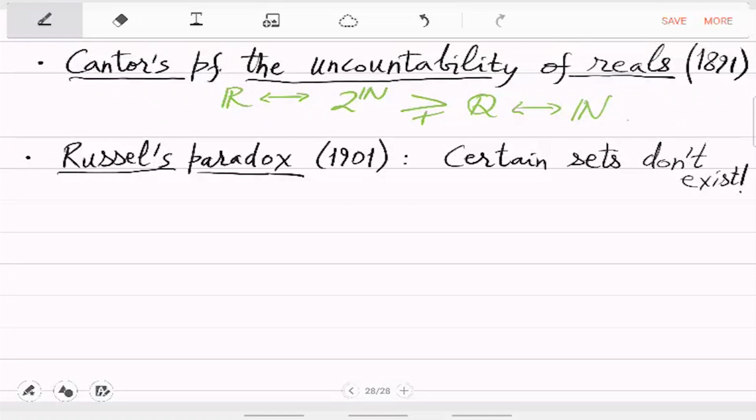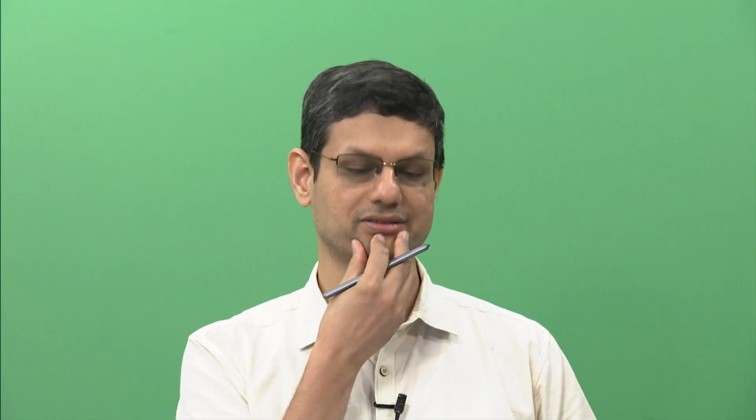And the way he showed it is by showing that the set Y which contains x's such that x is not contained in x, doesn't exist. This also you can prove using the diagonalization trick as an exercise. Although I have written the definition here, this definition actually doesn't make sense, which is the paradox.